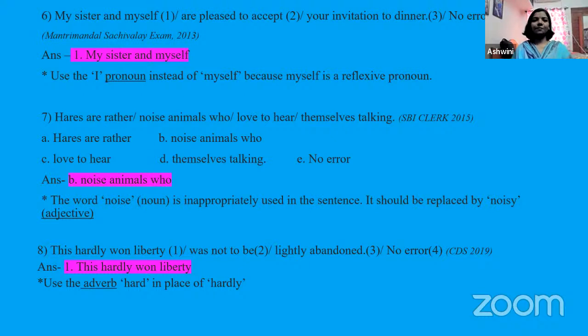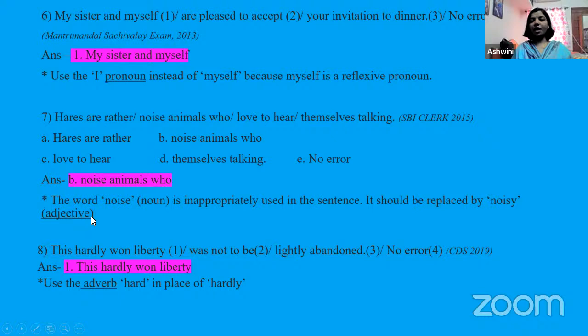It depends upon one particular noun in itself. So ठीक है, and then I pronoun के instead of I लिखना है आपको myself की जगह पे. ठीक है. Now here, next example, this is a pronoun हो गया.